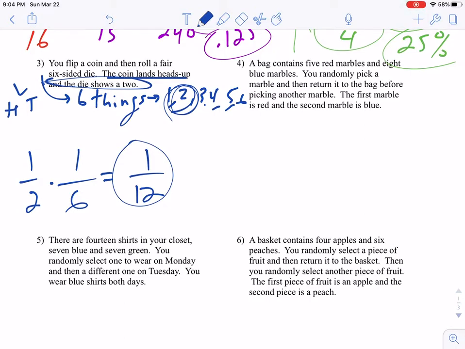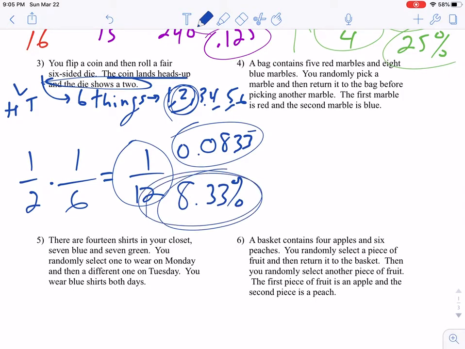The decimal would be, if you just did 1 divided by 12, you're going to get 0.0833 repeating, okay, which would be acceptable, or you can just say 8.33% would also be acceptable.